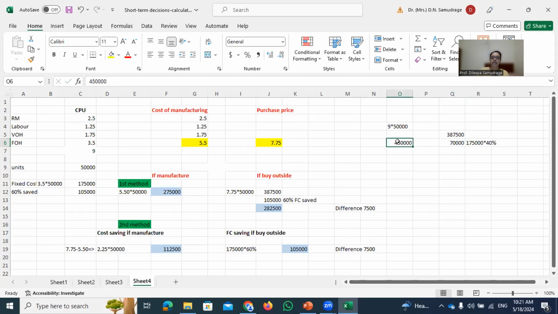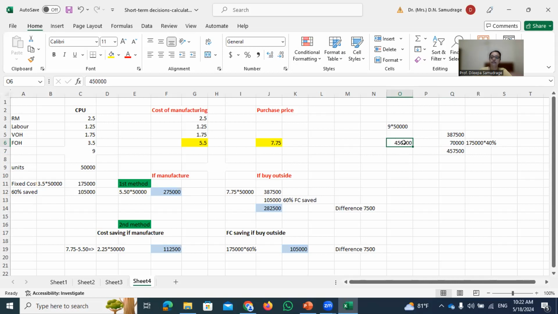Then we have to compare the impact of this. If you take 775 into 50,000, this much cost goes. So the total of these two is how much? 457,500. Now compare these two. This is the full costing method. So we have to say that manufacturing this component is better.